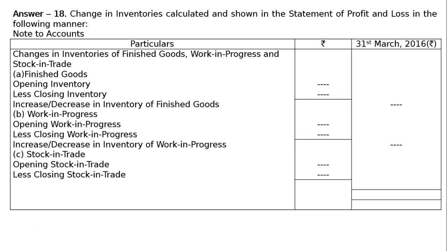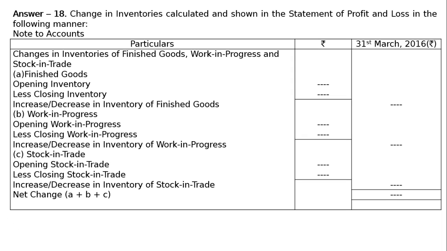Out of the opening stock in trade, we have to deduct closing stock in trade. We will be finding increase or decrease in inventory of stock in trade. Now these three have to be added and shown as net change equal to A plus B plus C. In this way, we calculate and show changes in inventories.